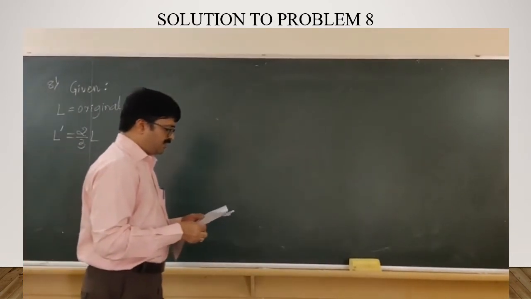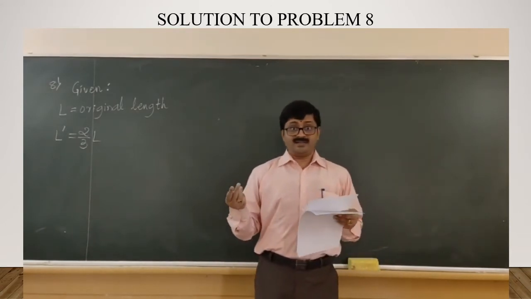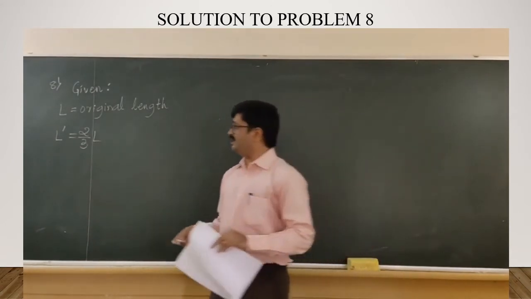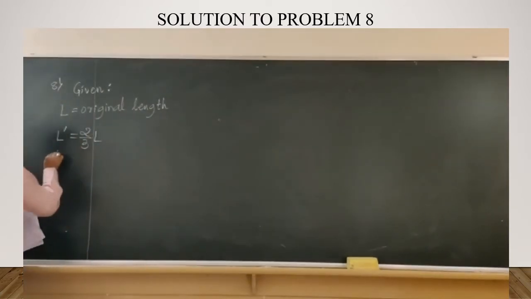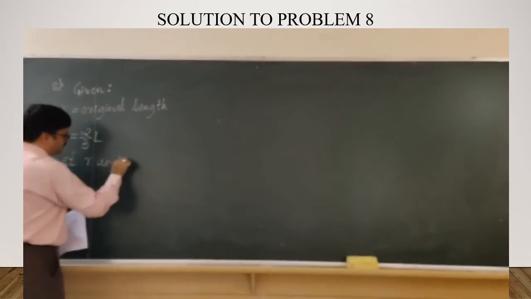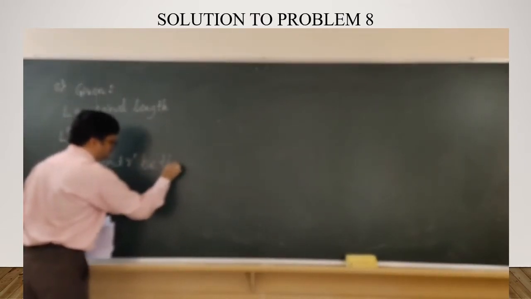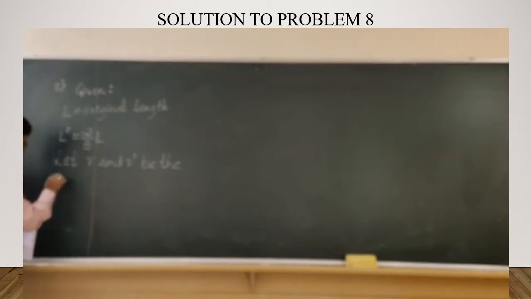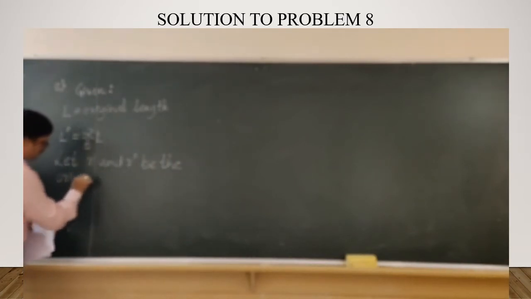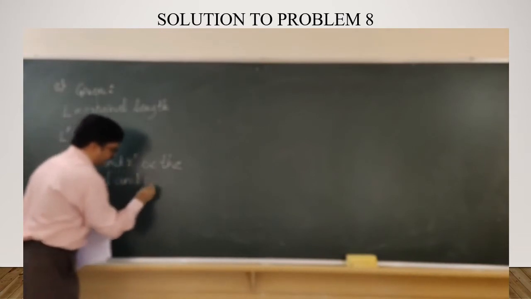We don't know about radius, correct? So hence I will make one assumption here. Let R and R dash be the original and new radius.